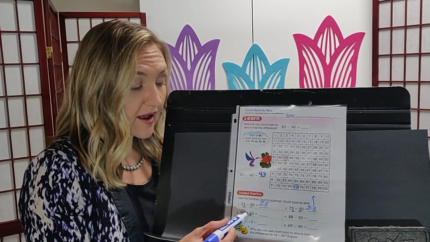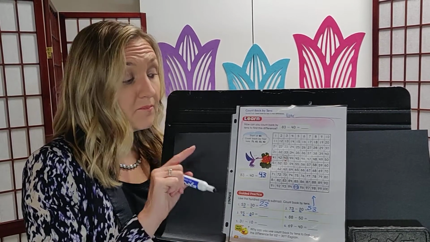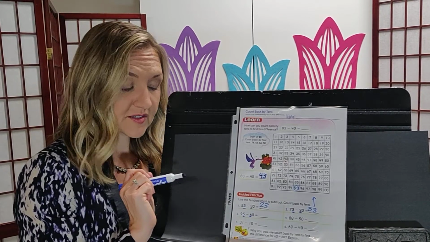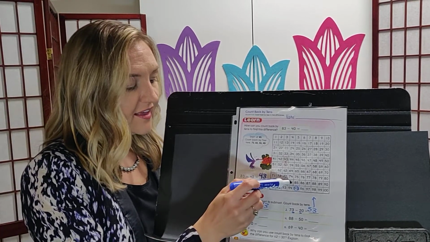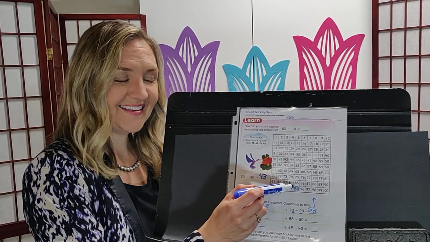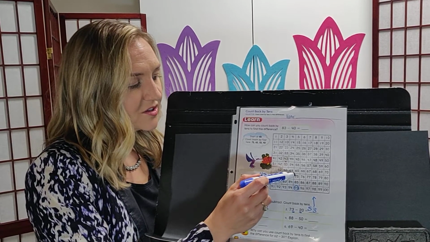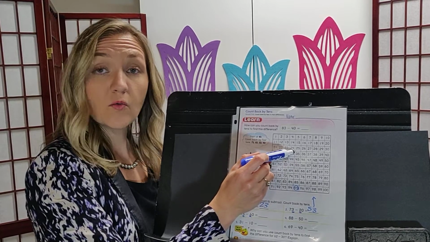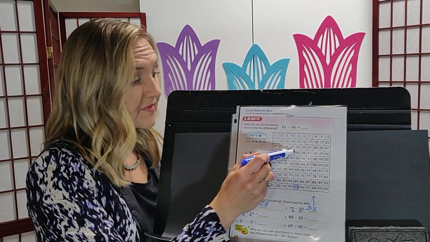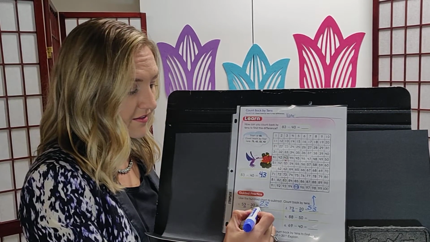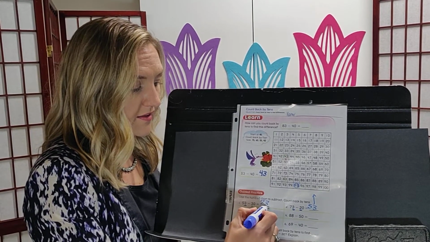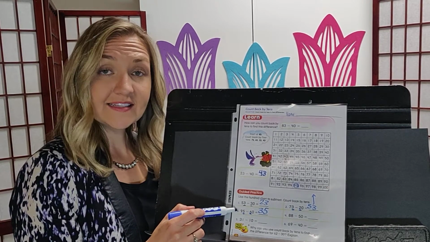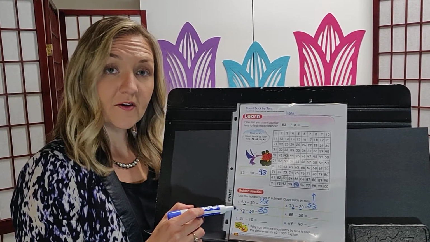So we're going to jump 6 times, moving in a vertical direction towards the lesser numbers. Okay, here we go. Start on 95, counting 6 times. Ready, go. 1, 2, 3, 4, 5, 6. Where did you land? You should have landed on 35. 95 minus 60 equals 35.